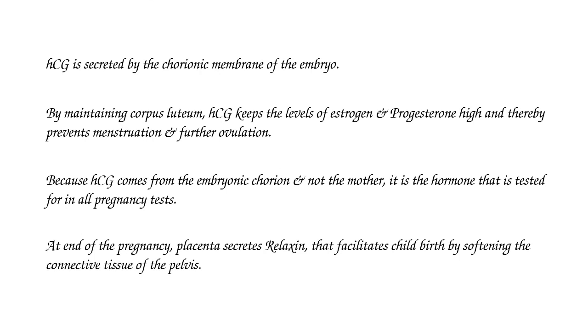HCG is secreted by the chorionic membrane of the embryo. By maintaining the corpus luteum, HCG keeps the levels of estrogen and progesterone high and thereby prevents menstruation and further ovulation till completion of the pregnancy period.